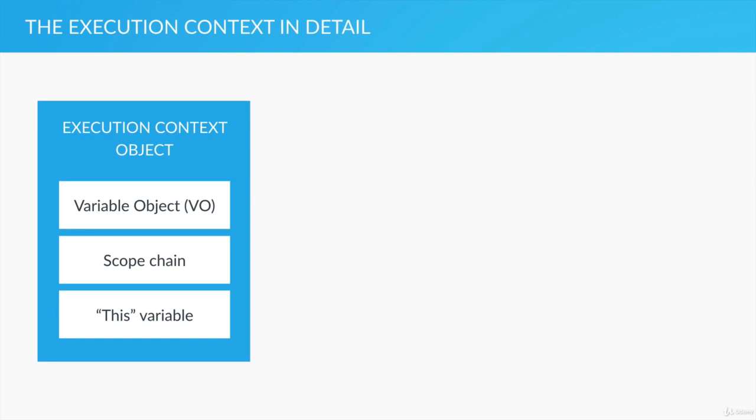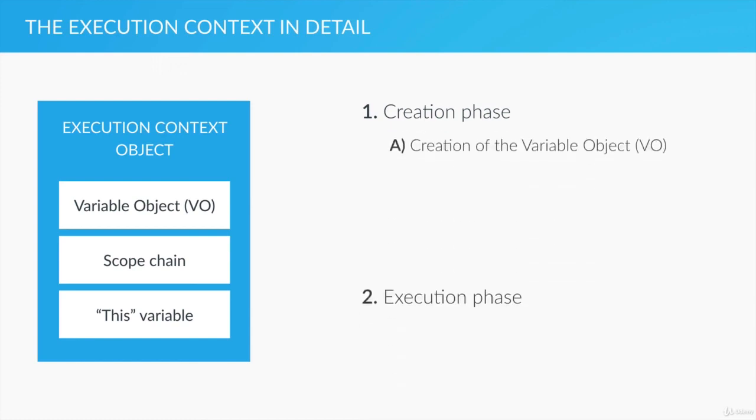Alright, so how is this execution context actually created? Let's start with what we already know. When a function is called, a new execution context is put on top of the execution stack. And this happens in two phases: the creation phase and the execution phase. In the creation phase, we first have the creation of the variable object, and we will talk about that in the next slide.